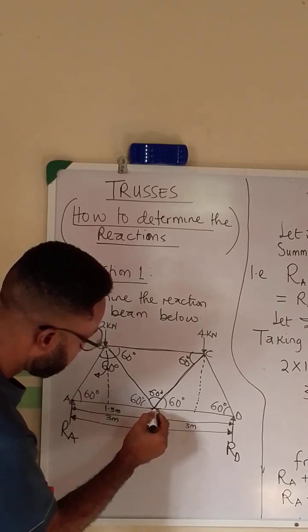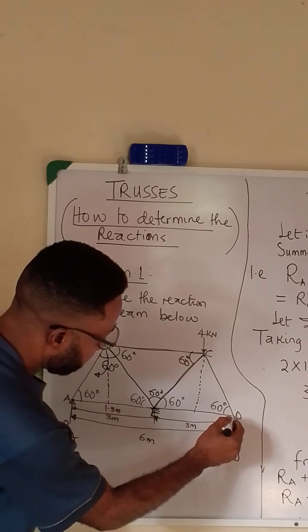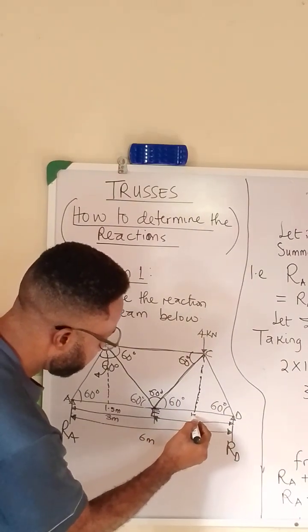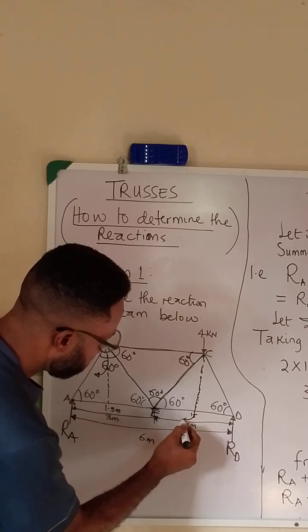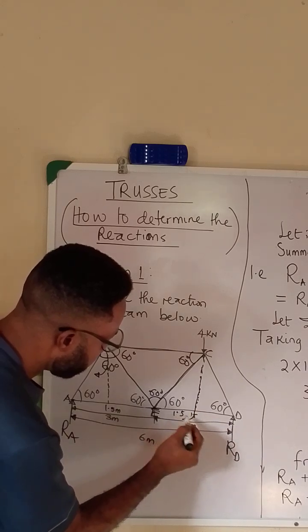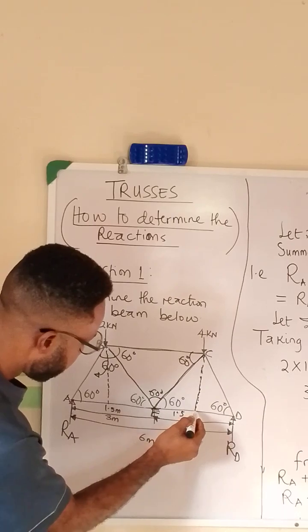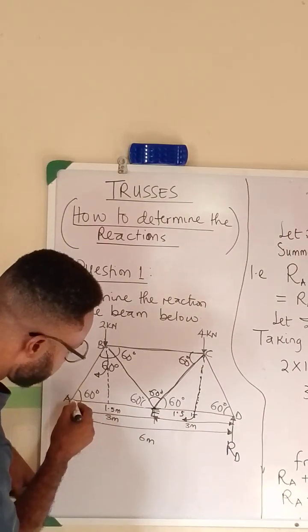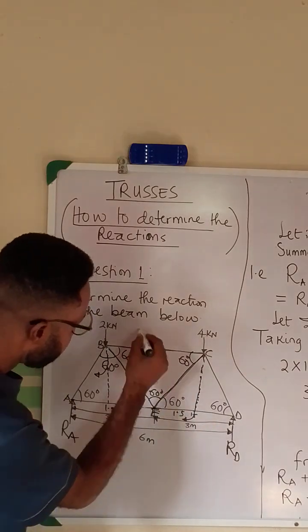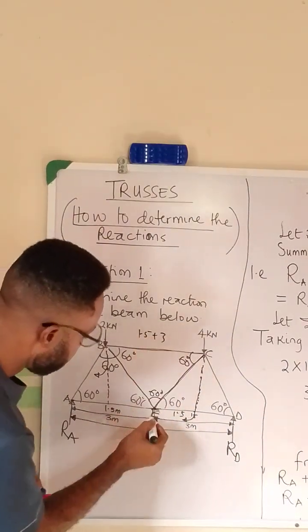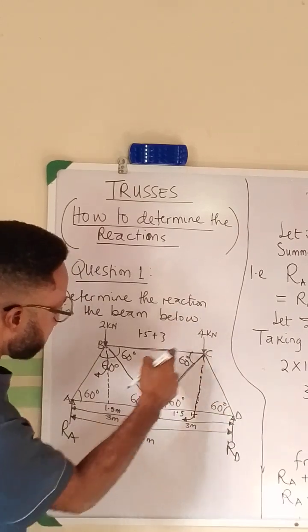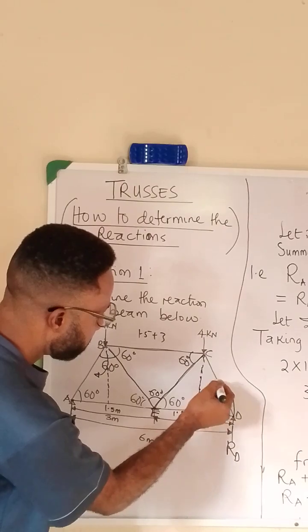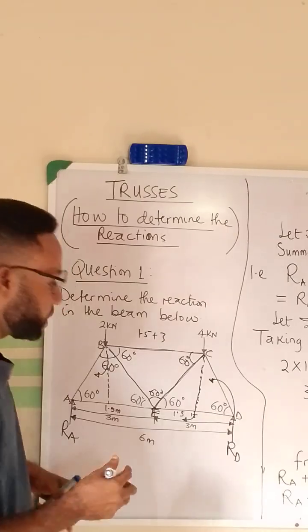From here to here is 1.5, and from here to here is 3 meters. So if we have 1.5 plus 3, we are going to have this one turn 4.5 meters. So this one also will have to turn this way to meet with D.